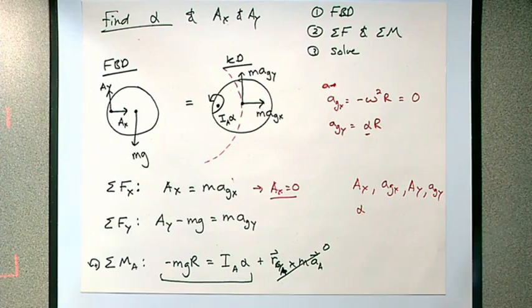So from this, we have everything we need to solve for alpha. Maybe I come through, cancel some m's, and cancel an r, one of them. Alpha is minus 2/3 g over r.